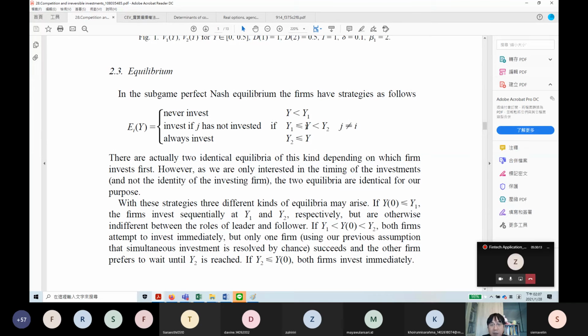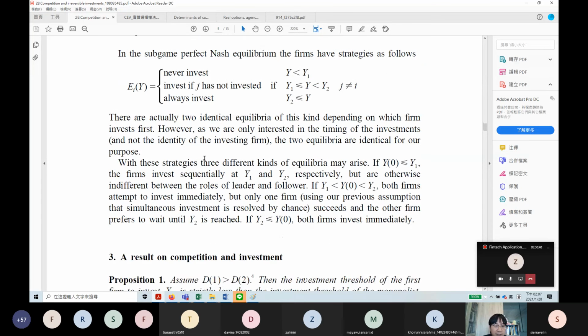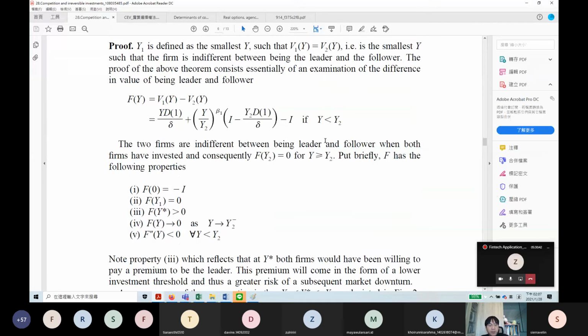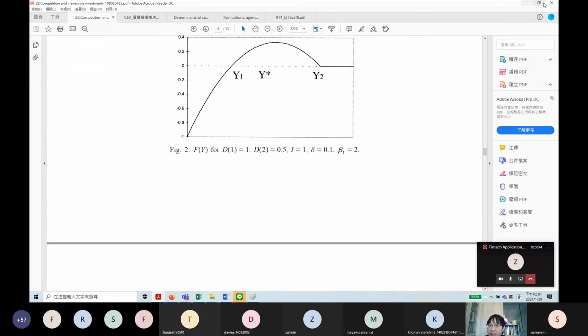So Y between Y1 and Y2, just the leader invests and waits until Y2 comes. When Y reaches Y2, not only the leader, the follower joins. You can check, right?